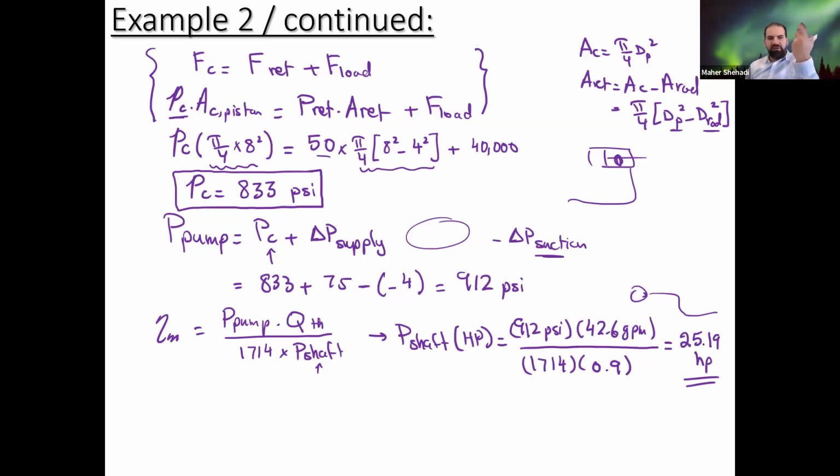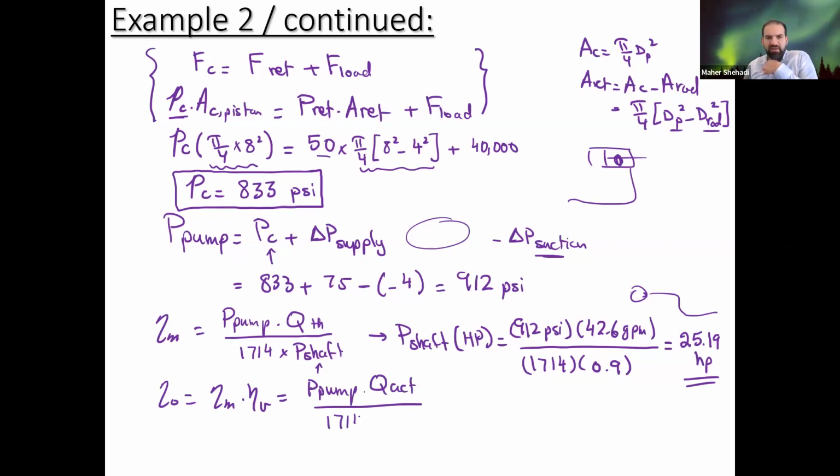If you do the overall, you should get the same answer, sorry, because you're just playing between Q theoretical and Q actual, you're just switching those two. So this would be those two efficiencies and then the same equation. And here it would be Q actual and all that divided by 1714 times P input, which is P shaft. So if you plug here, what did we have here?